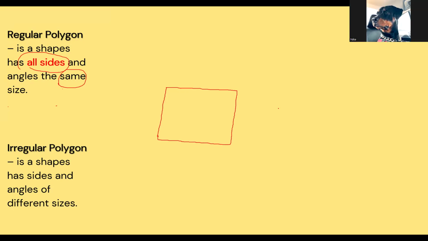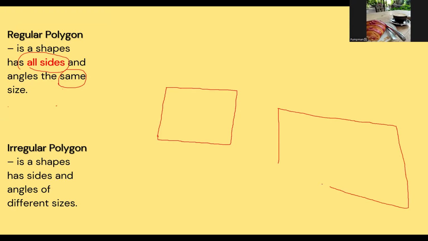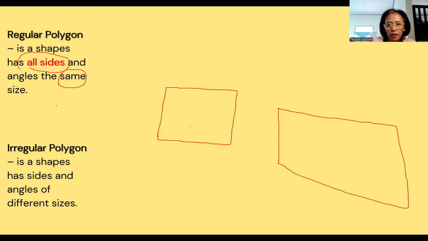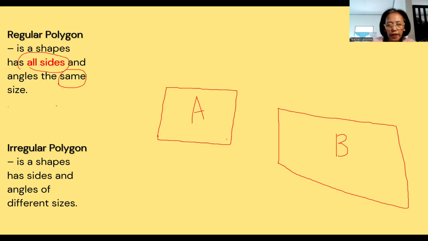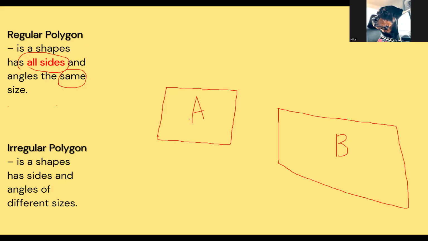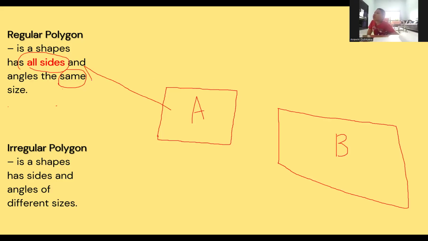Compared to if I draw like this, what do you think? This one is A, this one is B. Which one is regular, A or B? A. Okay, A is regular because look at the sides.